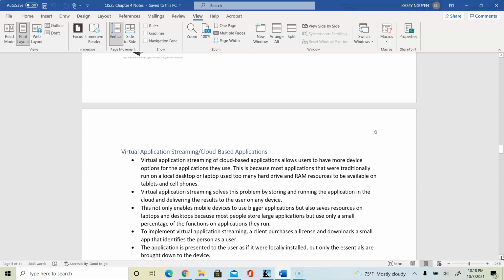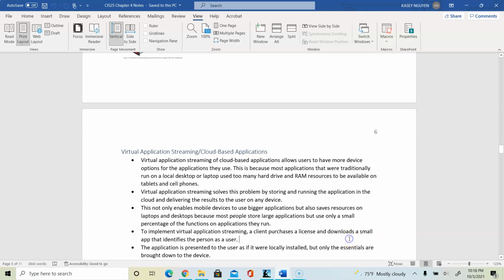Virtual application streaming resolves a lot of the issues with hardware requirements and maintenance on the actual physical server at the facility. So it would give more results and it would allow the user to access it anywhere.